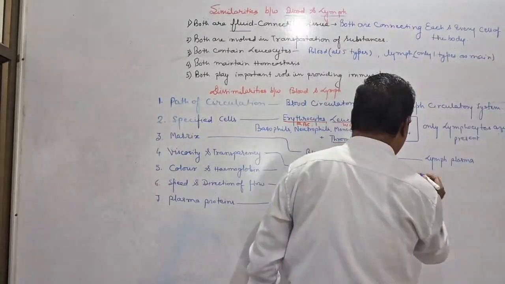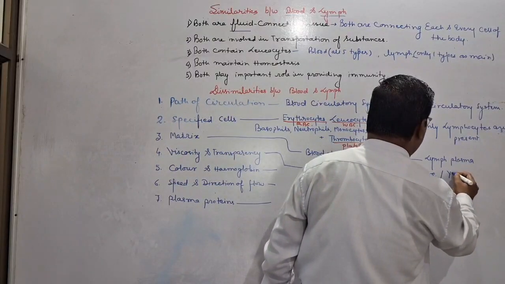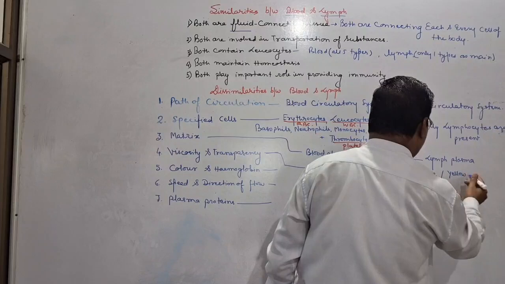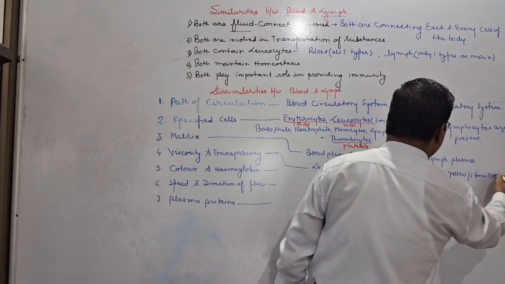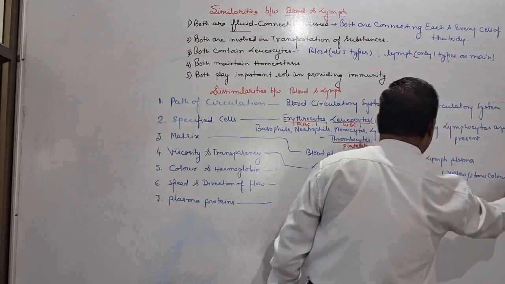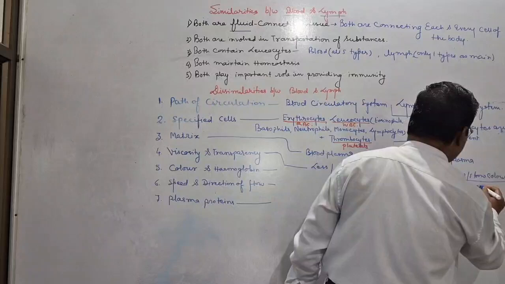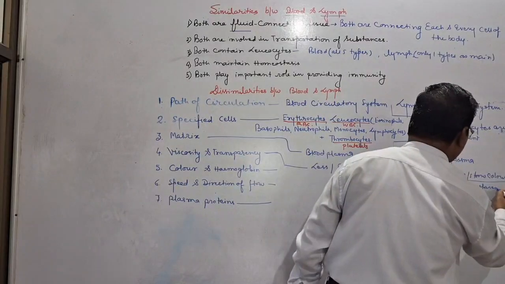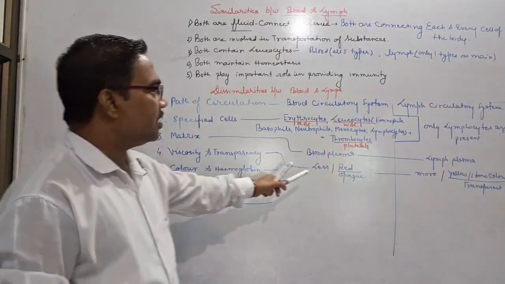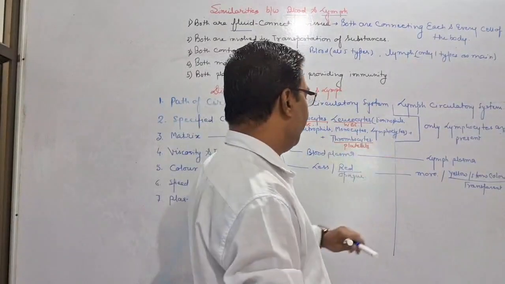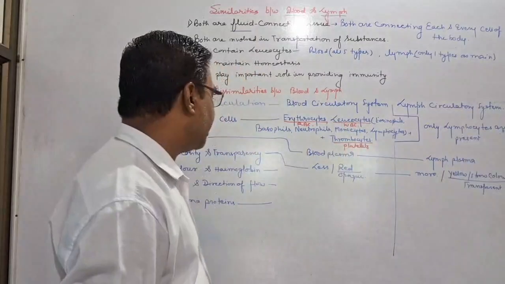Lymph has more viscosity, and it is yellowish or straw colored, and for the transparency, it is transparent. So you can differentiate on the basis of viscosity. Less viscous is blood, more viscous is lymph. Blood is red and opaque, lymph is straw colored and transparent.